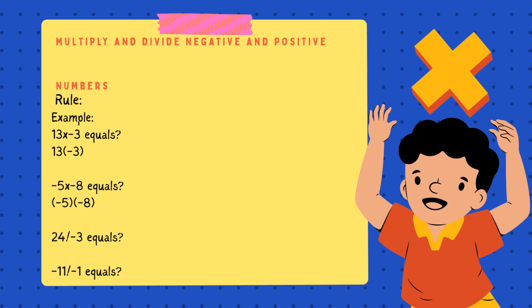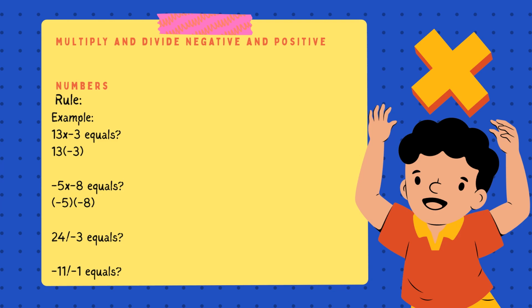It can be written as 13 open bracket negative 3 as well. I'm just showing below the problem how it can also be written, so don't panic. It's the same thing, right? So 13 times is not 13x, right? It's 13 times negative 3.